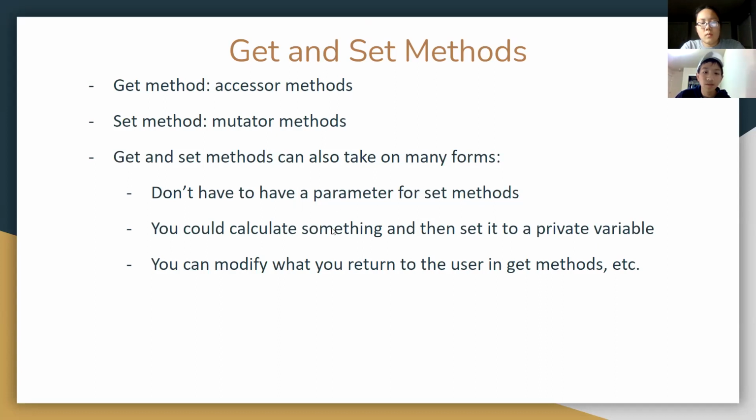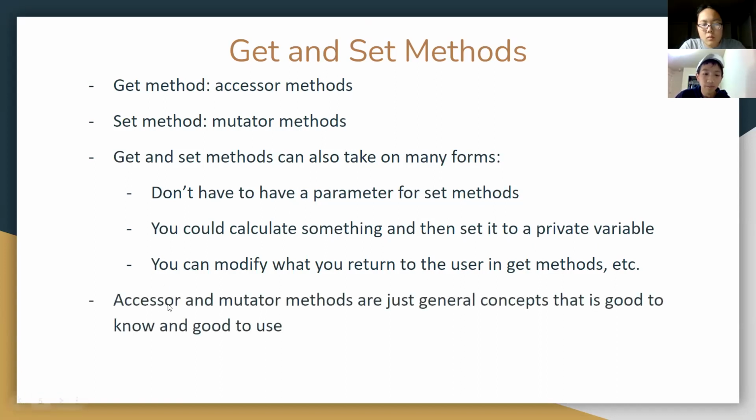Maybe we could say how many characters my name has, which would be 3. Maybe we can write down what the first letter is for my initials, and then we could put the actual name itself. All right. And accessor and mutator methods are just general concepts that are used pretty often, and it's good to know, and it's good to know how to use it as well.